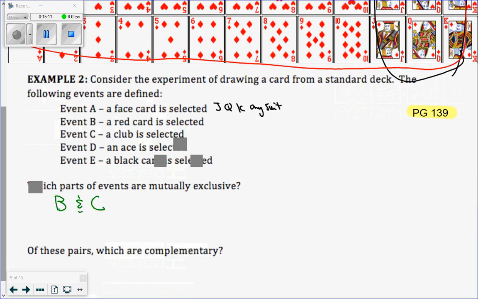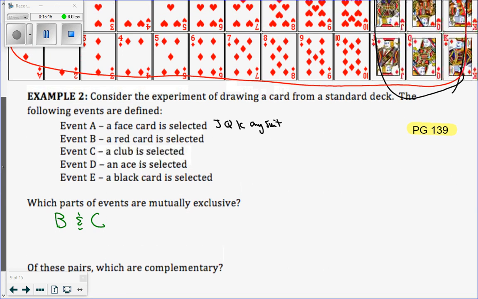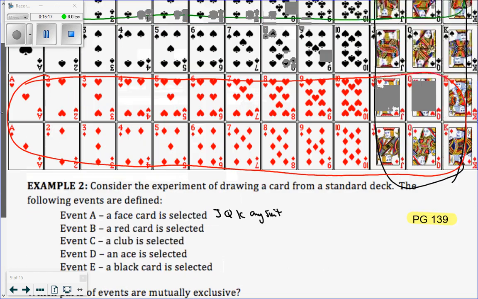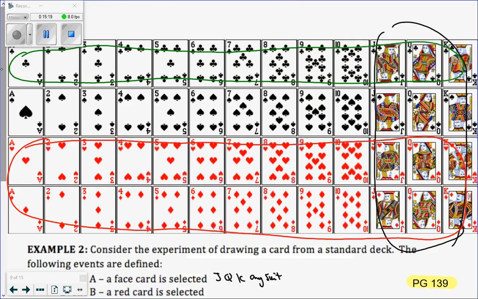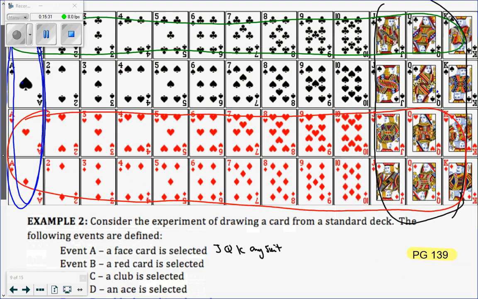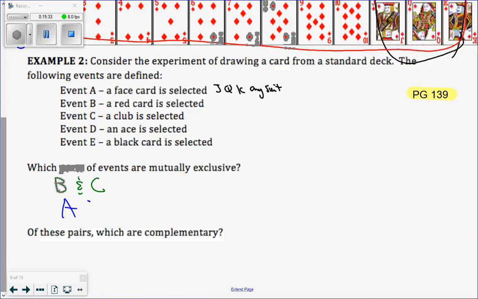B and C is one set. D, an ace is selected. So D is just selecting an ace. Okay. So does ace overlap face cards? No. So ace and face, so that's A and D.